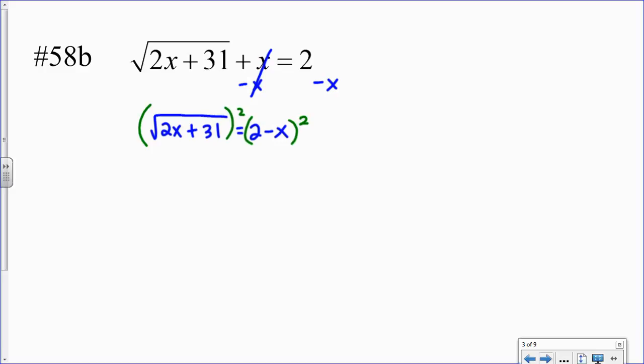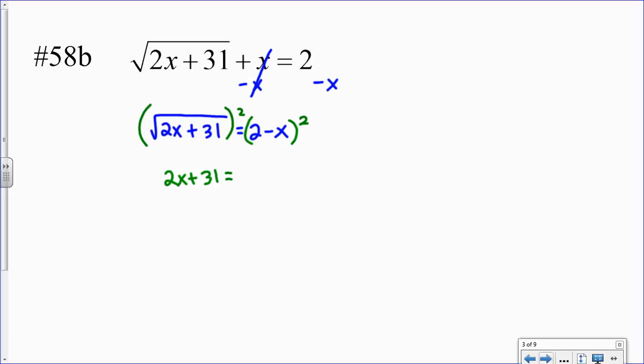When you square a square root, you get what's underneath. On the right side, I have a binomial. So you either need to write it twice and use FOIL, or use the shortcut if you remember it. We've written the shortcut in our notes several times. But if you don't remember it, write it twice and use FOIL.